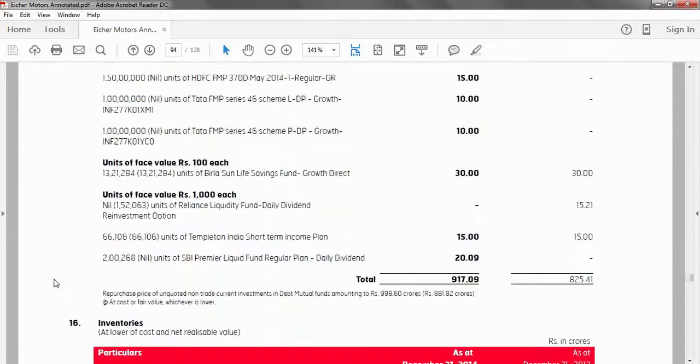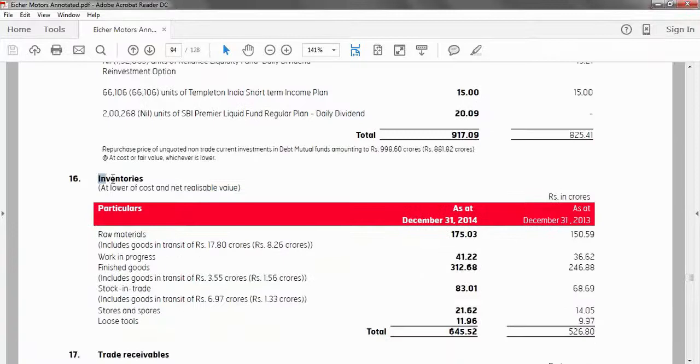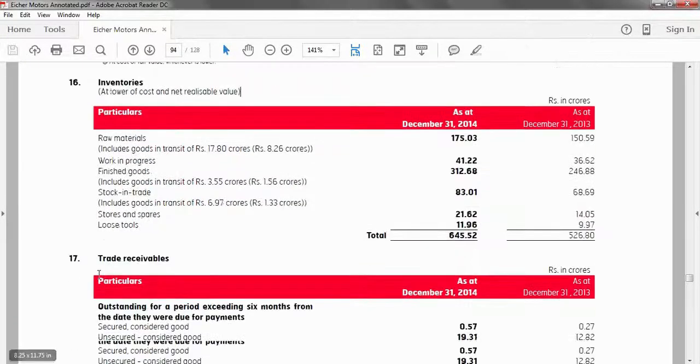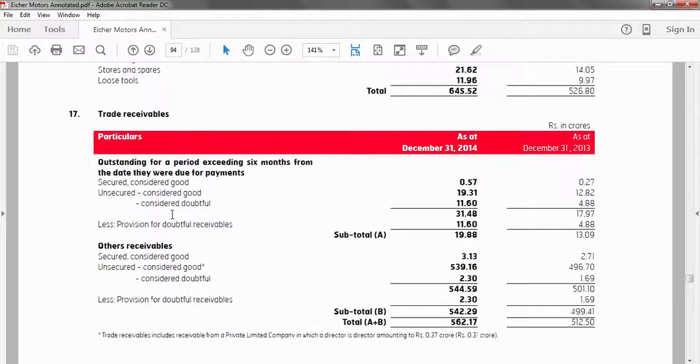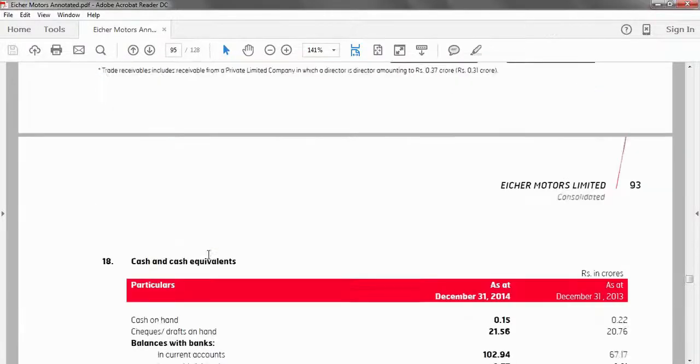You follow subsequent data points, which is inventories, at lower of cost and net realizable value. What's the inventory that they hold? Trade receivables. What are the trade receivables that they have? Outstanding for a period exceeding 6 months: secured considered good, unsecured considered good, unsecured considered doubtful, and all those are given there in detail.